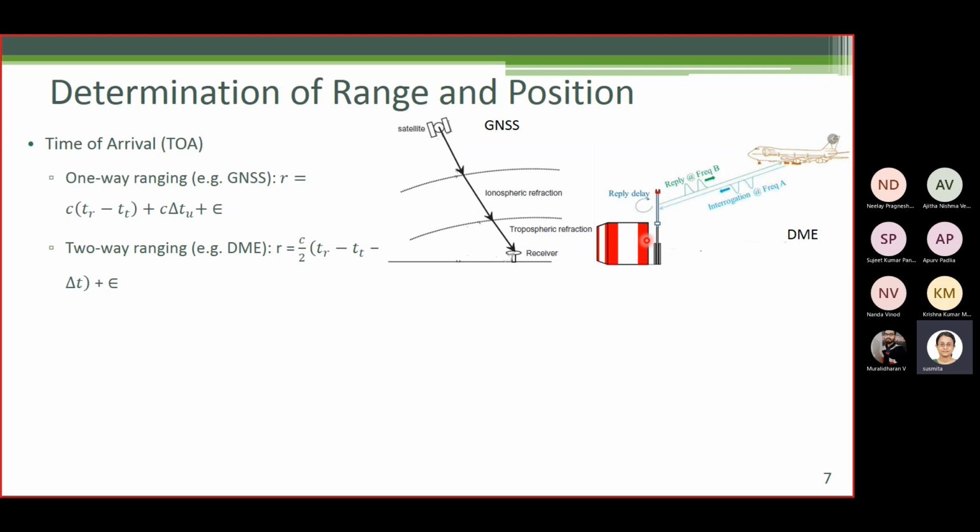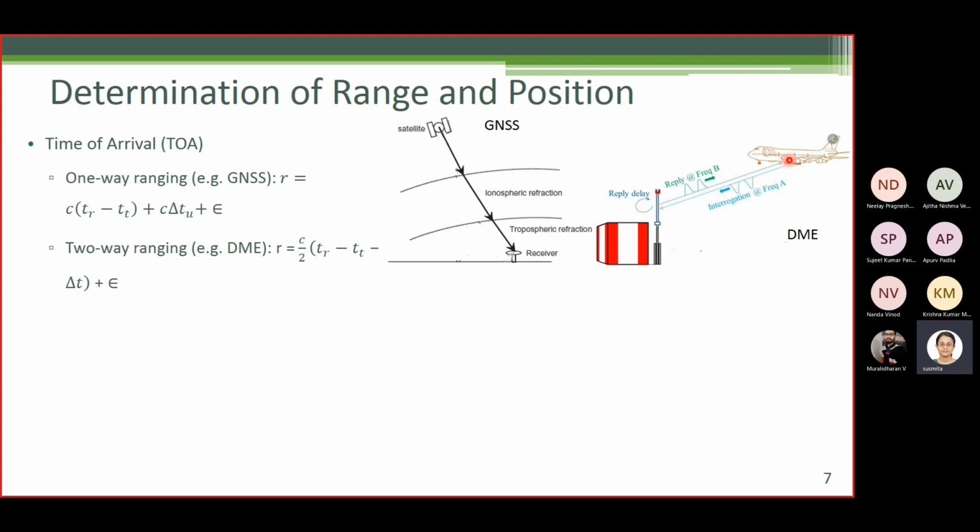So the horizontal distance will be much more than the height. Height will be within say 15 kilometers, whereas this horizontal distance will be about 100 kilometers or more than that. Since this vertical distance is much smaller than the horizontal distance, it can be shown that the height that you derive using the DME measurements is not of good accuracy.